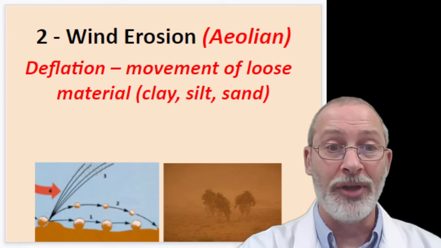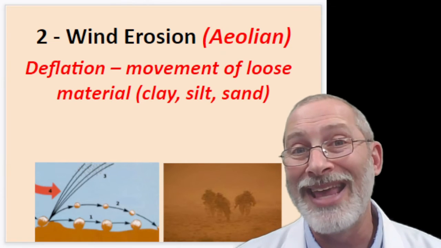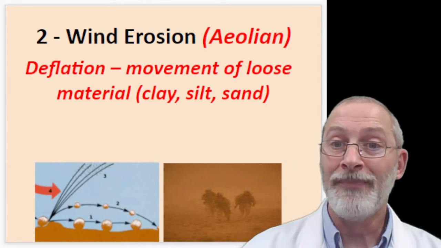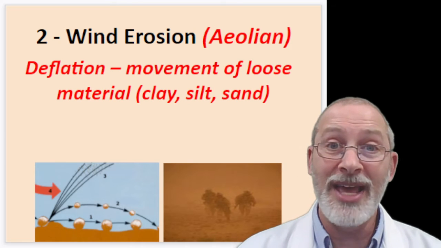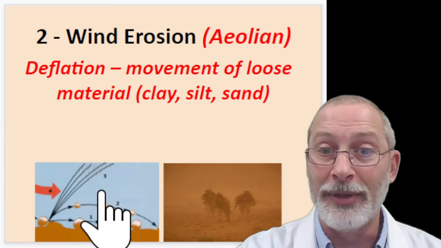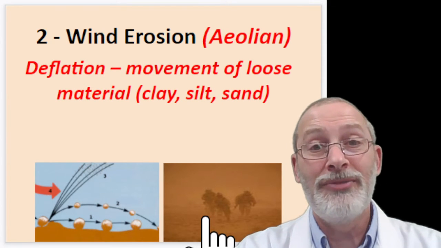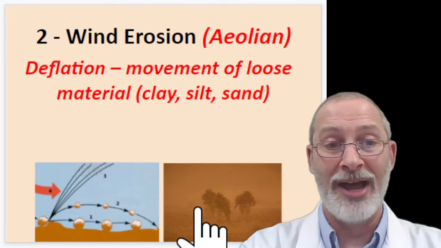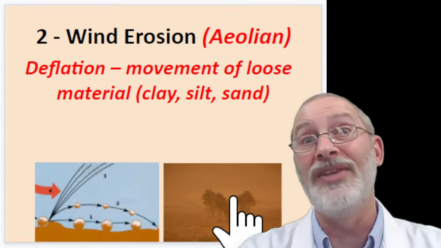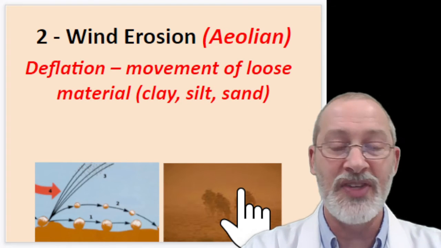Now, this picture over on the right-hand side is what is referred to as a sandstorm. Sandstorms can happen in the desert, and as we mentioned in the diagram on the left, the sand really is close to the ground. It's probably more like a silt storm, blowing the silt in your face and the sand on your feet.